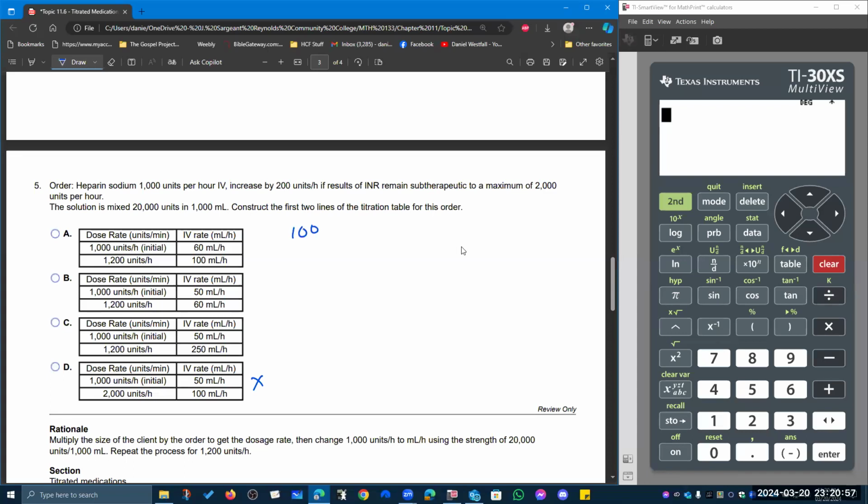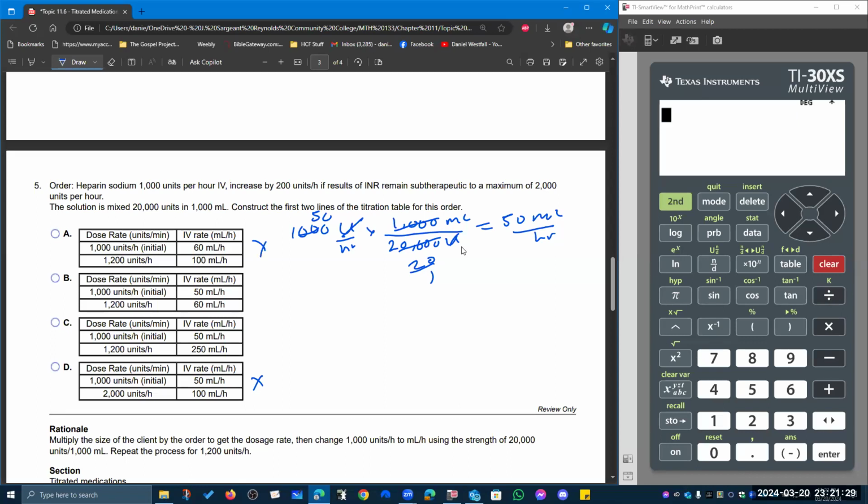It's 1,000 units per hour times 20,000 units in 1,000 milliliters. That gives us milliliters per hour. That's good. This is 50 milliliters per hour. Gets rid of this one.